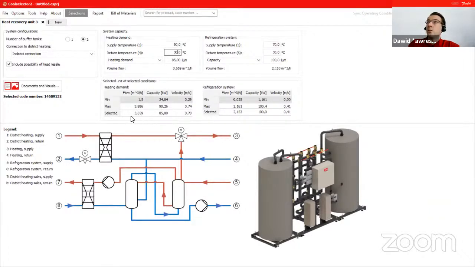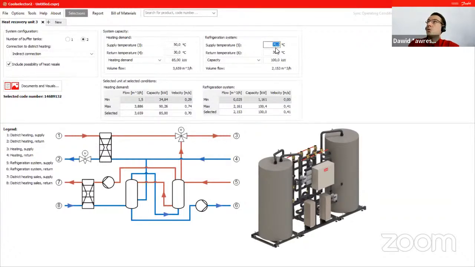And we can see here what our selection and the capacity are, and also the velocity of the water inside the pipe. And here it's also showing what maximum flow we can have, and the minimum one. Based on that, we can adjust our refrigeration system.